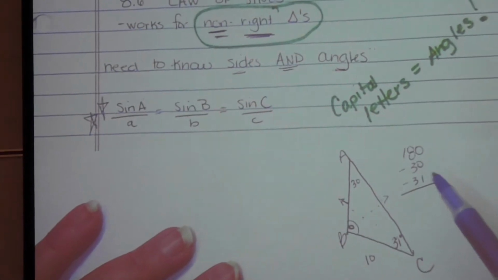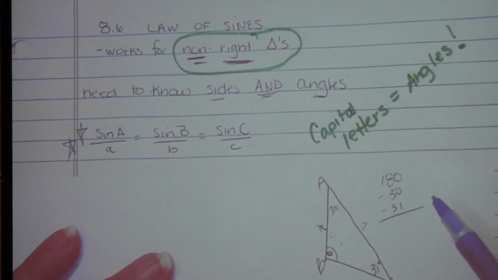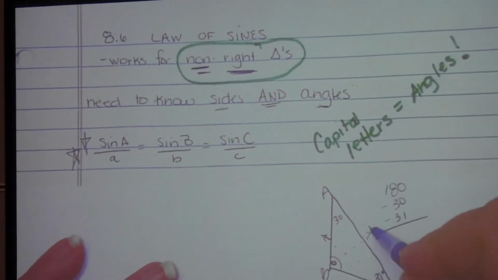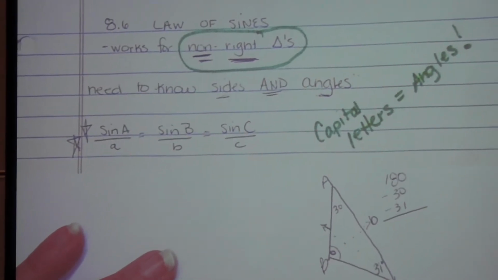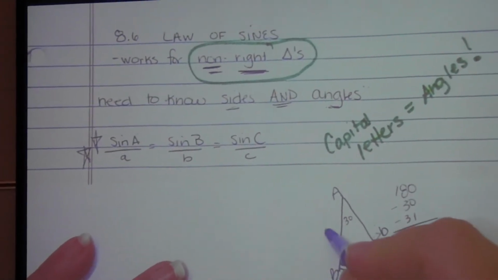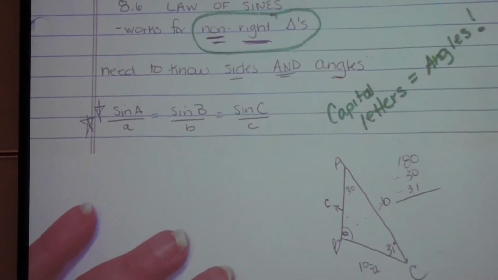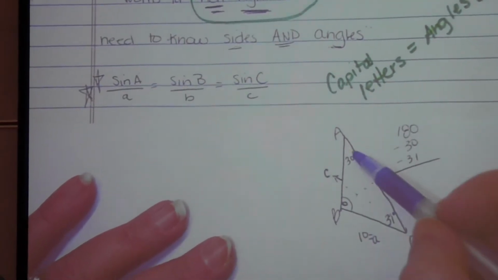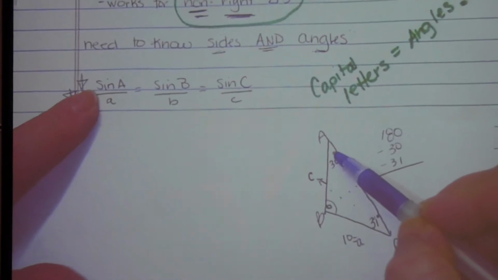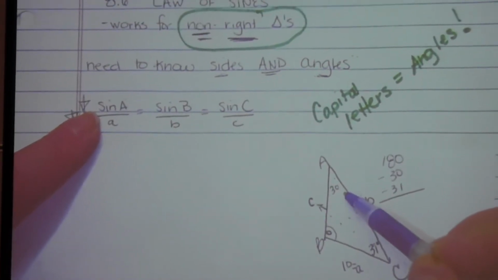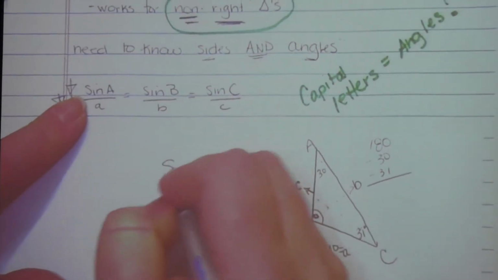Those lowercase letters are the side across. Just like we had yesterday, yep. Those lowercase letters were the side that's across from it. So in this case, if we set this up, I want the sine of 30, because that's the angle. Remember, the angles are the big letters.